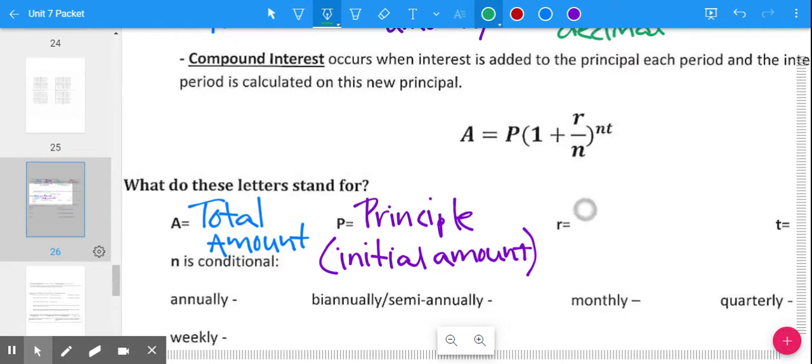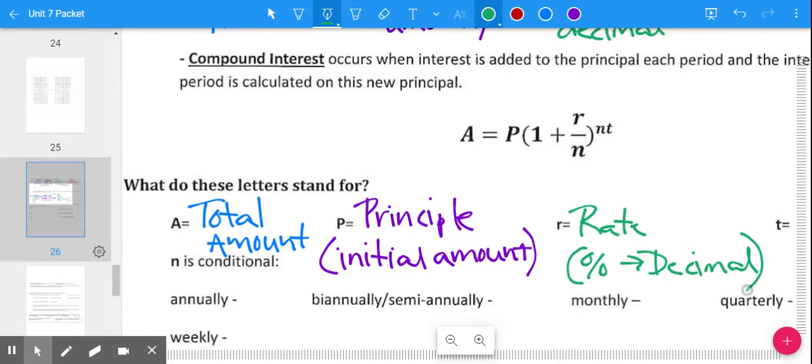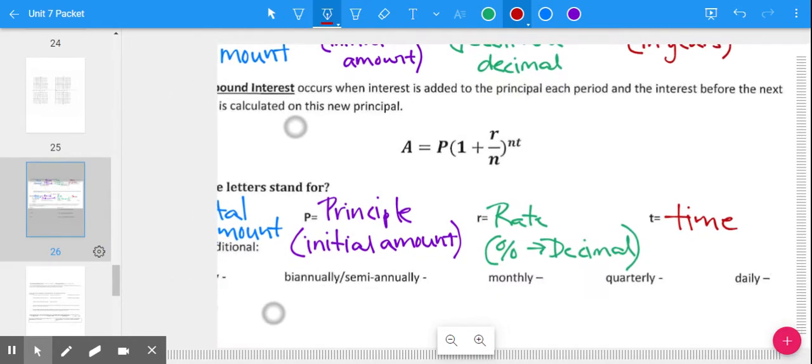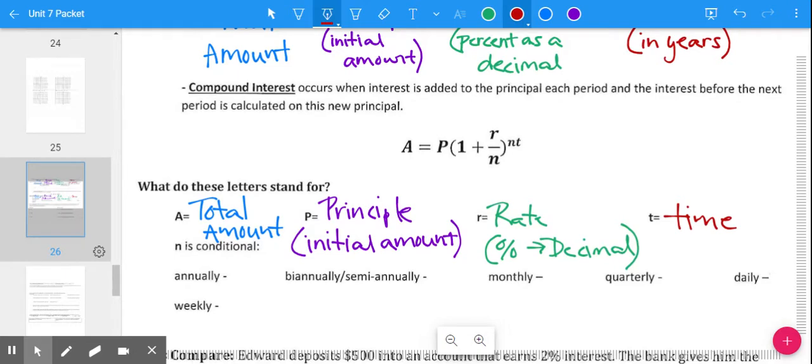R is still your rate, which is a percent written as a decimal. And then T is still your time. The only difference is now we have this variable N. So N is conditional. It can happen annually, biannually, monthly, quarterly, daily, or weekly.